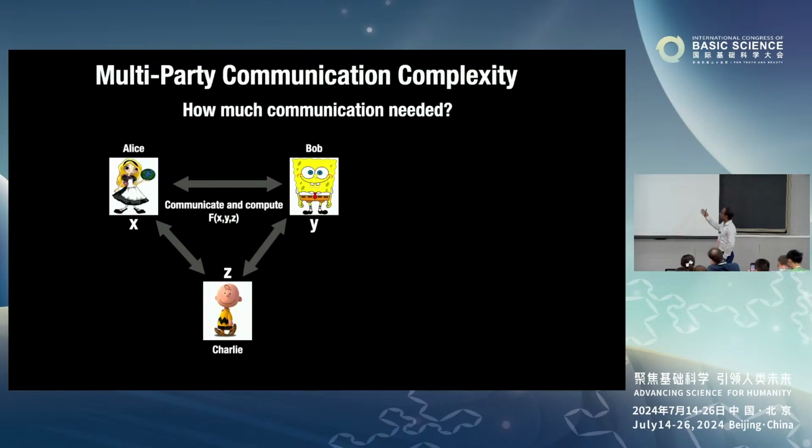Alice gets X, Bob gets Y. The same thing, no one has all the some function.